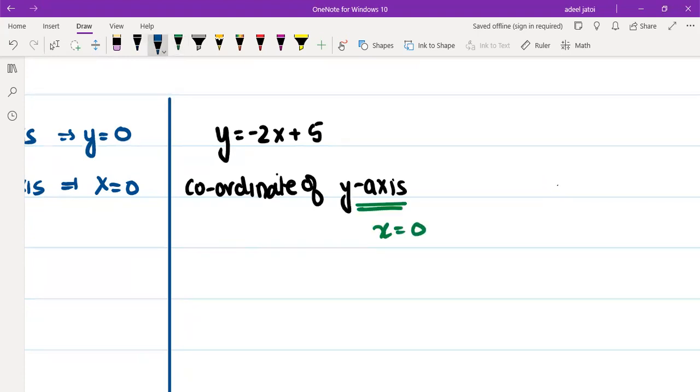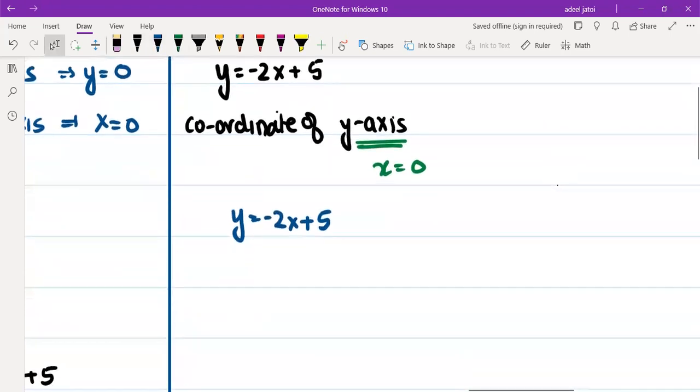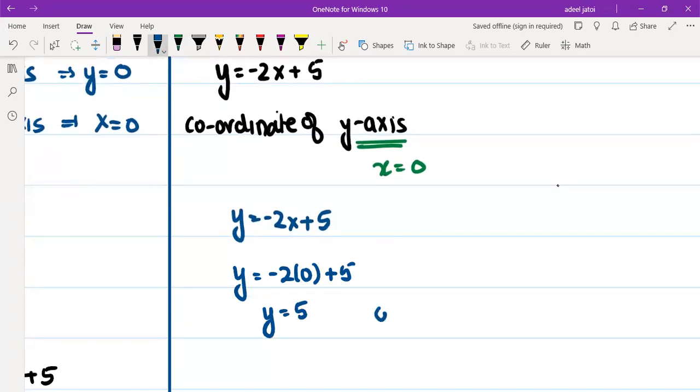So the equation was y is equal to minus 2x plus 5. I need to substitute 0 in place of x. Anything multiplied by 0 becomes 0. So y is 5. So the coordinate will be 0, comma 5. This will be the coordinate of the line intersecting the y-axis.